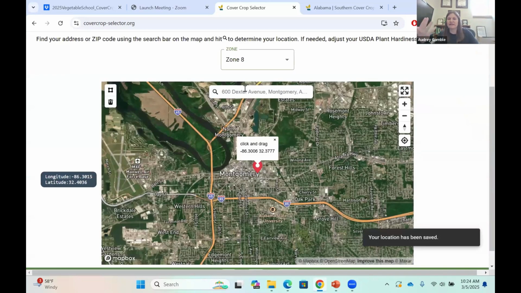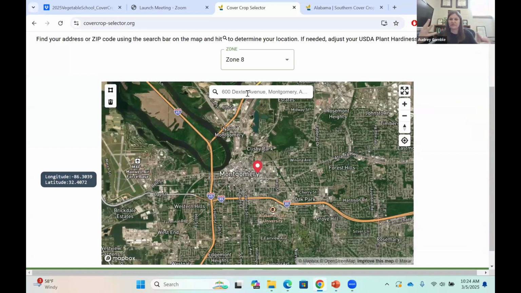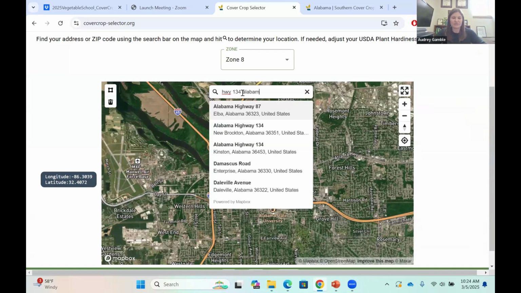And then you can enter an address for a location of where you're going to be planting your cover crop. So I'm just going to put in an address for one of our research stations where I know I plant cover crops.